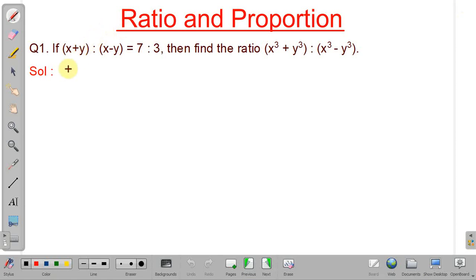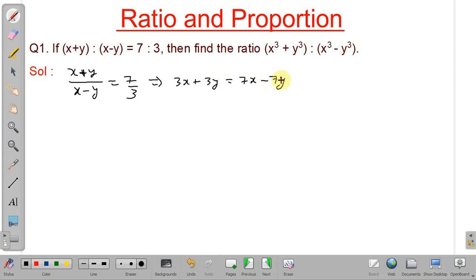So what is given as x plus y? Ratio can be written in the form of a fraction. So we can write (x plus y) divided by (x minus y) equal to 7 by 3. From this we will get the relation between x and y. So 3x plus 3y equal to 7x minus 7y.